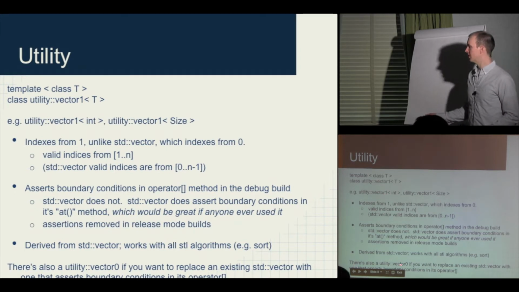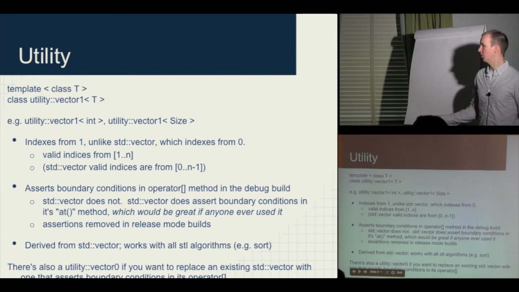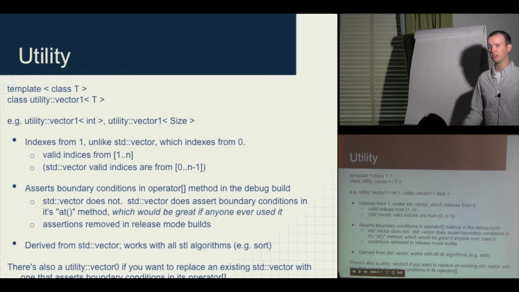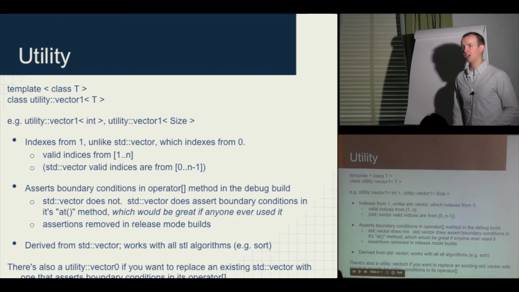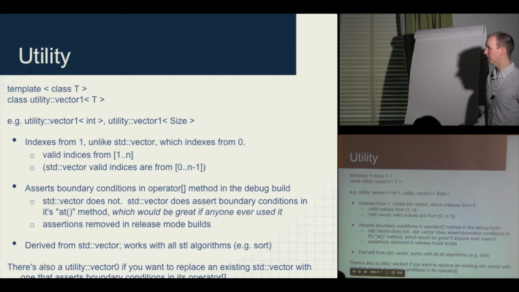If you are interested in, say, converting from a standard vector that someone has left in the code to something that actually asserts the boundary conditions in the operator bracket method, then you can use a vector 0. So utility vector 0 and standard vector are perfectly interchangeable, but with the big difference being that if you run in debug mode and you don't index out of bounds, then your code is probably working correctly.